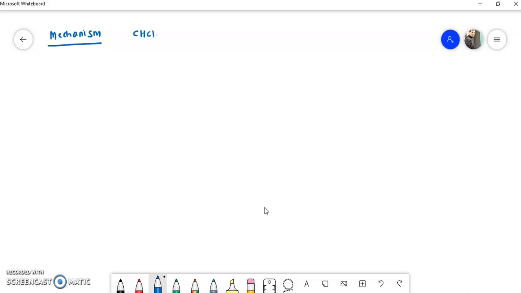See, CHCl2CF3 plus C2H5ONa. If we heat this, then we'll get CCl2=CF2 plus C2H5OH plus NaF. So this is the reaction, and we have to study the mechanism.